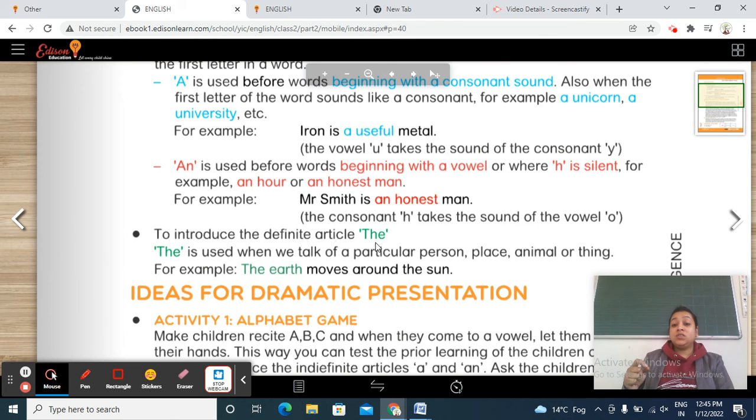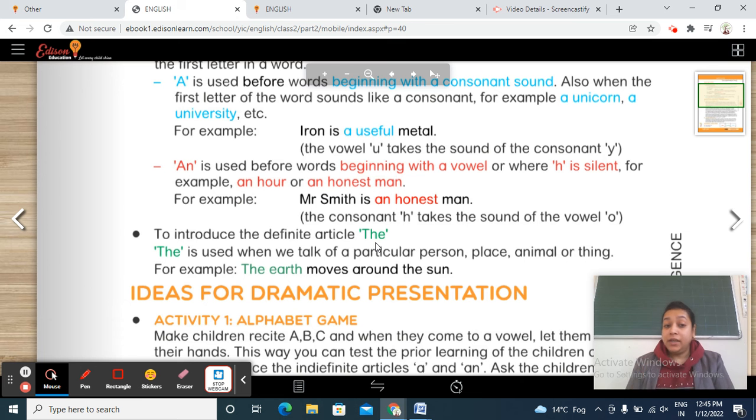Means when h is coming with o, h goes silent. Honest. We don't say 'honest' with an h sound, we say 'onest'. So the vowel sound is o. So we will write an honest man, an hour ago. Getting this point? So when h is silent, then we use an.